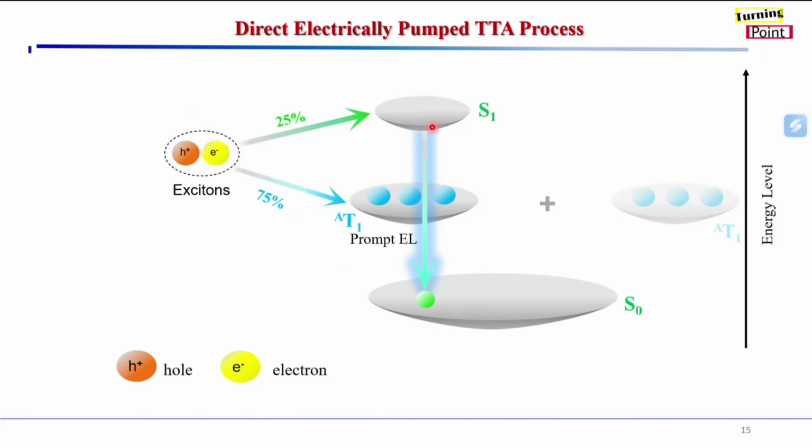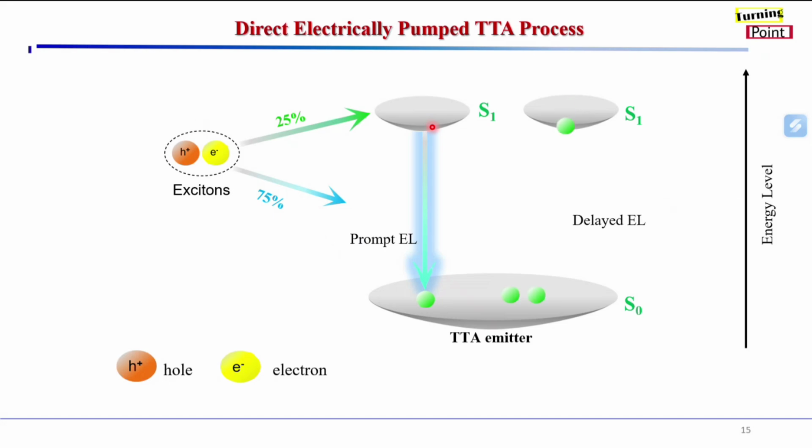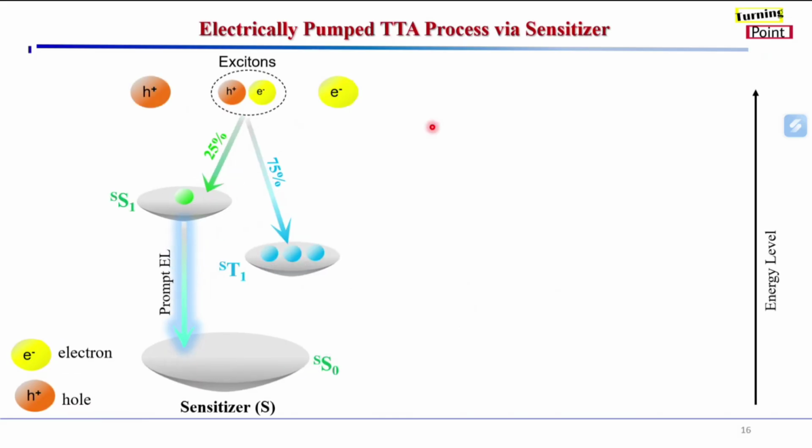After that, when two triplet states come to close proximity, they exchange their energy and at first form one singlet intermediate. Then this singlet intermediate is converted into one singlet excited state, another one is the singlet ground state. When the singlet exciton comes back to the ground state, it emits light as delayed electroluminescence. On the other hand, in the case of the electrically pumped TTA process via sensitizer, after applying voltage, the sensitizer triplet state is populated.